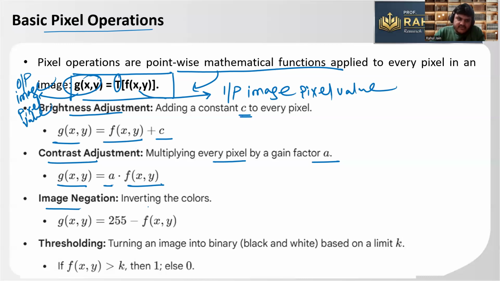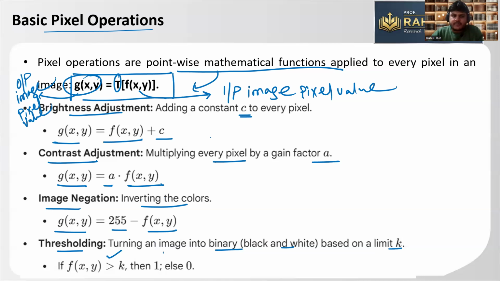Image negation inverts the colors, so g(x,y) = 255 minus f(x,y). Thresholding turns an image into binary, black and white, based on a limit k: if f(x,y) is greater than k, then 1, else 0. That is one of the things you need to know.